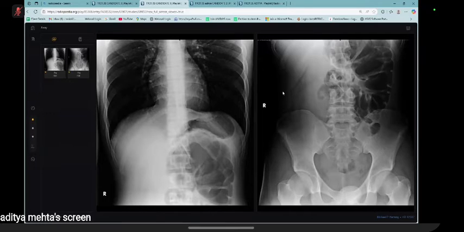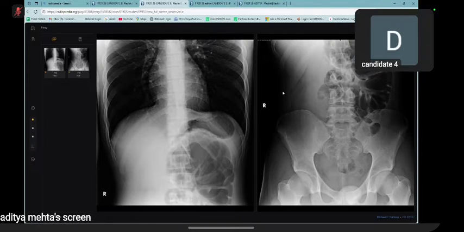In the first X-ray, there is evidence of multiple dilated small bowel loops noted within the left upper quadrant of the abdomen. However, the lung appears normal.